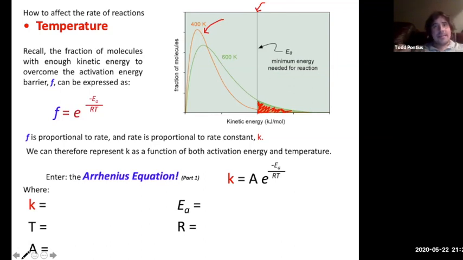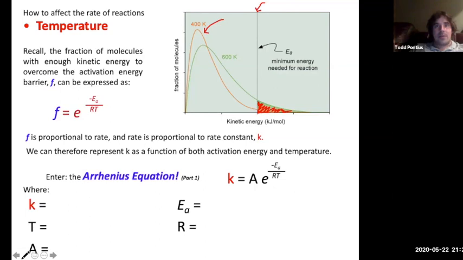Since that fraction is proportional to the amount of molecules that have enough energy to overcome that activation energy threshold, that means that it is proportional to the rate constant. So if you have twice as many molecules that have that energy, then you're going to have a reaction going twice as fast. So we can represent k as a function of both activation energy and temperature.